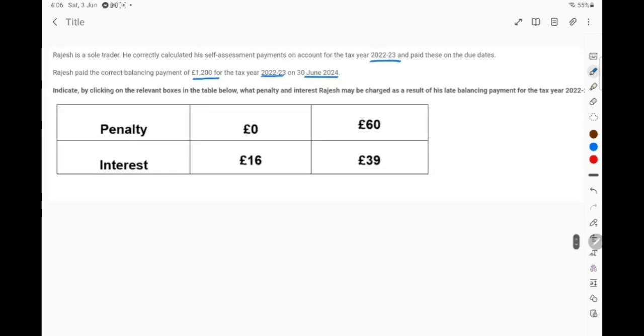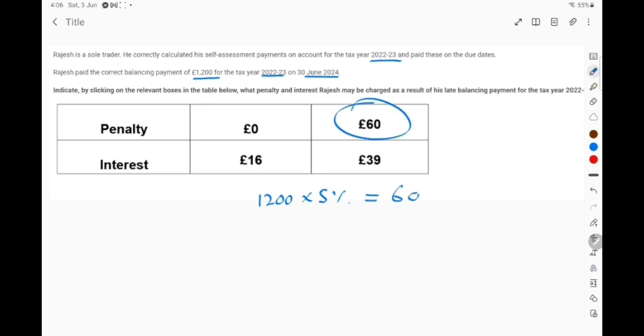So first it is penalty. Penalty would be 5% of the amount that is not paid, and this will be 60. And second it is about interest. Amount is paid on 30th June 24. So from 31st January to 30th June, this is a period of February, March, April, May, June, 5 months. Interest would be charged.